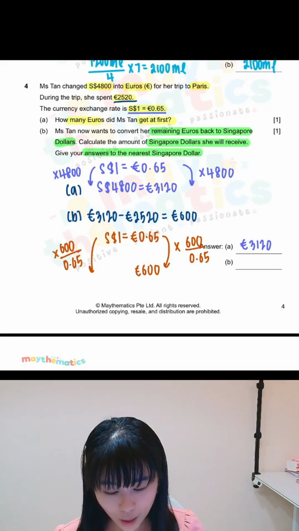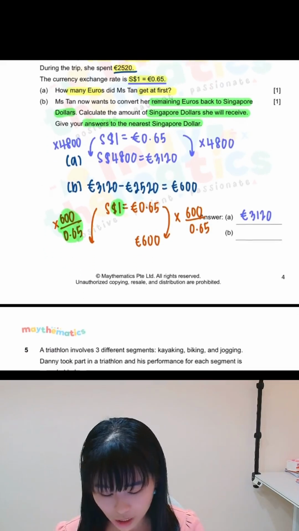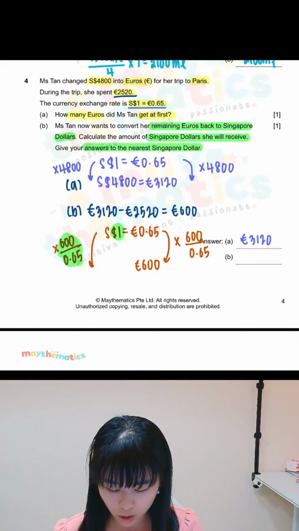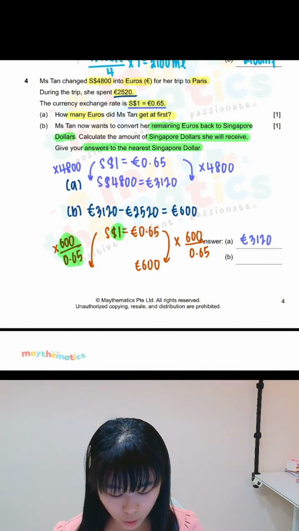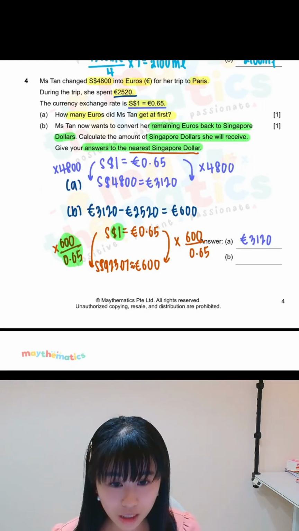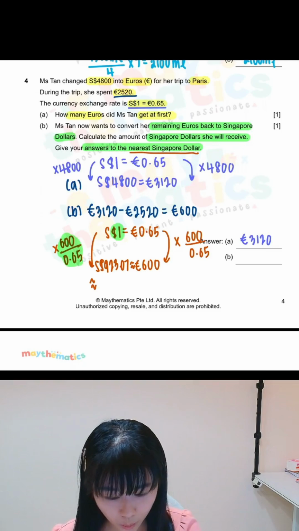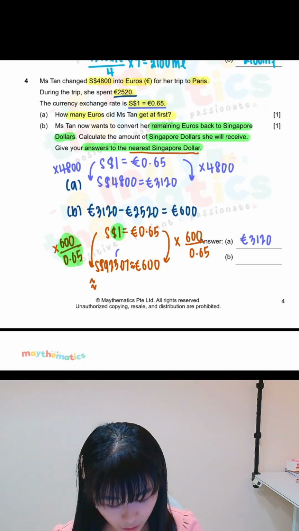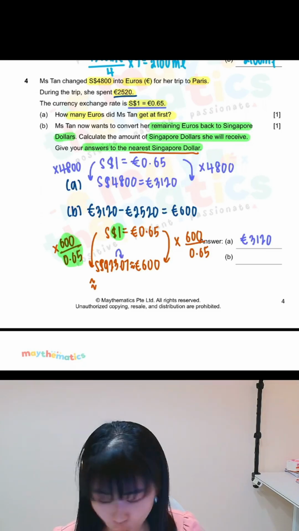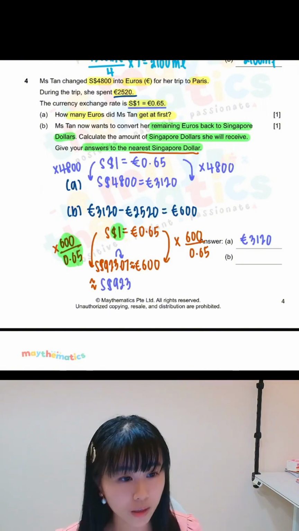Once you take this times this, your calculator will give you 923.07, so on and so forth. But they want the nearest Sing dollar. Nearest Sing dollar means no decimal point. So you must look at your first decimal place, which is a 0. So round down. So you get Sing dollar 923.